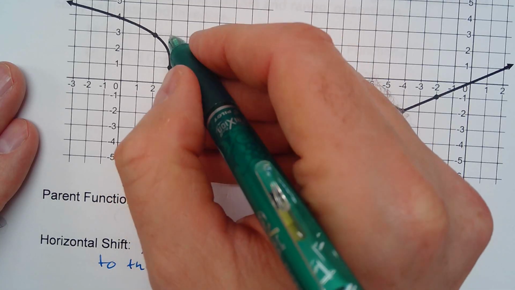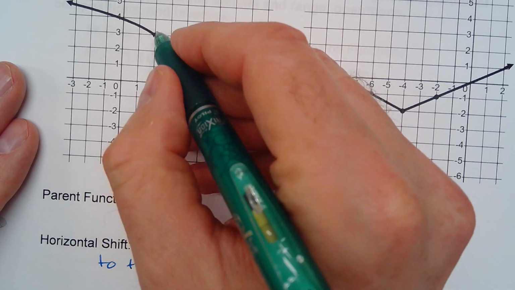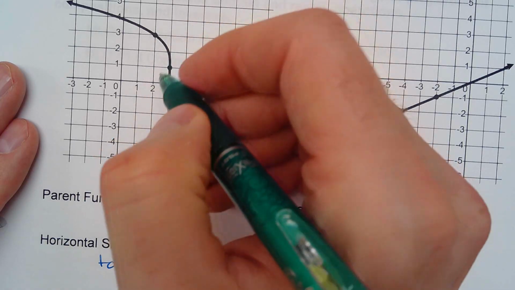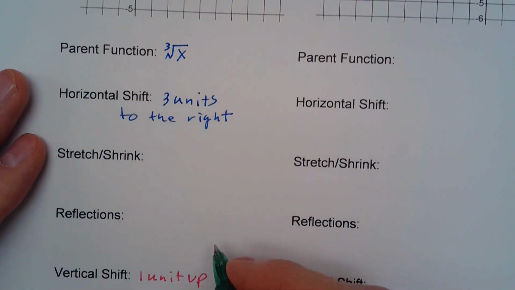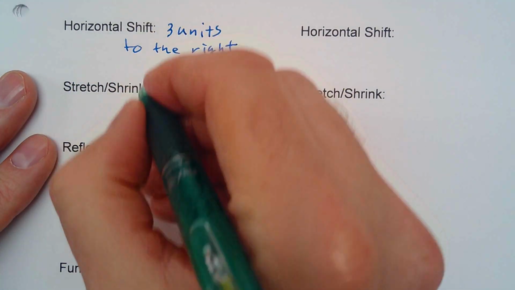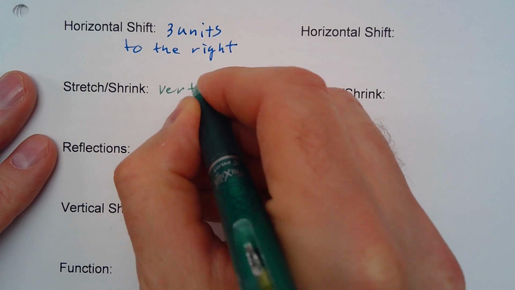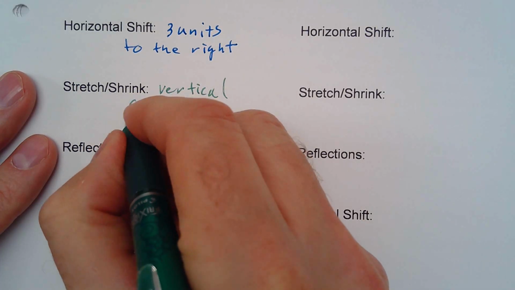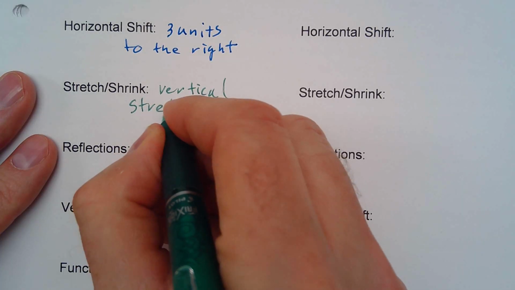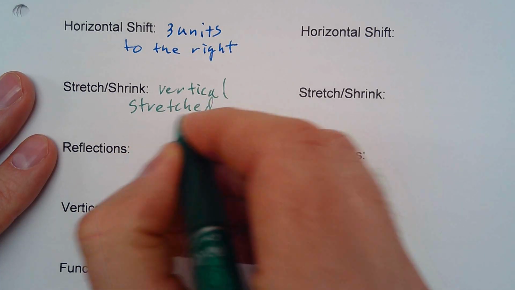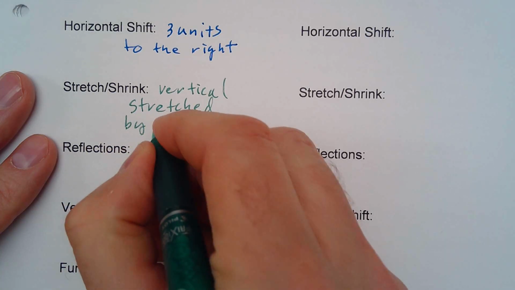Well, if I go 1 over, I'm going 2 up. So 1 over, I'm going 2 up. So there's a stretch of 2. So vertically stretched by a factor of 2.